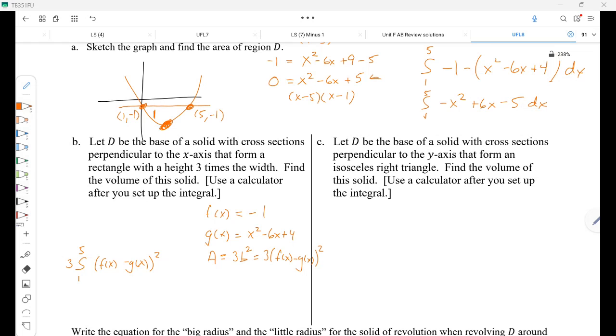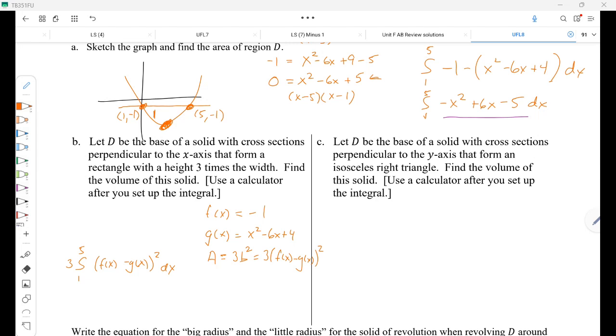And f of x minus g of x, again, is just this same thing from over here. So that would involve like a 3 by 3 multiplication. That's another one that's best for the calculator to get your final answer. It'll take you forever to get these things done if you don't. It says to use a calculator after you set up the integral. And I didn't write dx. Questions on that?